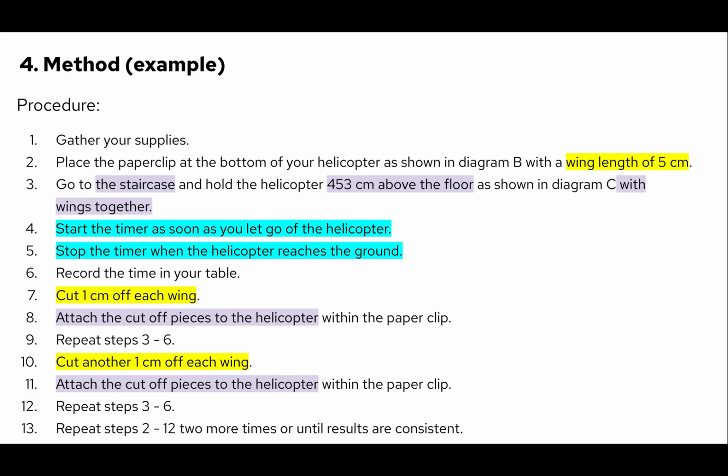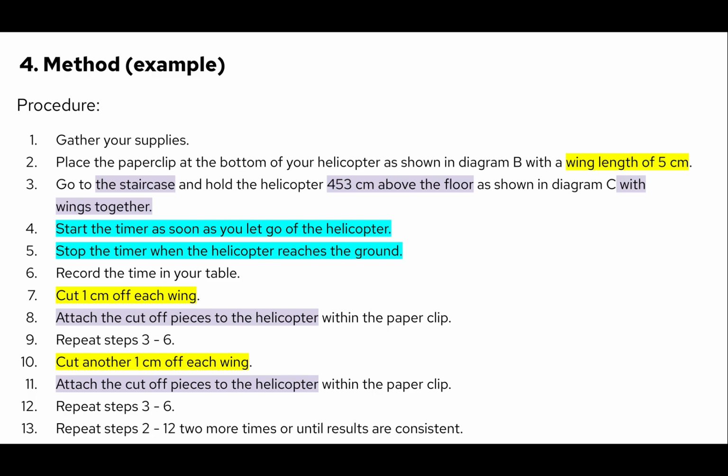Notice I'm not using any transitional words like first, secondly, those types of things. It's just, again, starting with a doing word. So you're going to start by gathering your supplies. Then place the paperclip at the bottom of your helicopter as shown in diagram B with a wing length of 5 centimeters. Notice that I have 5 centimeters highlighted in yellow.